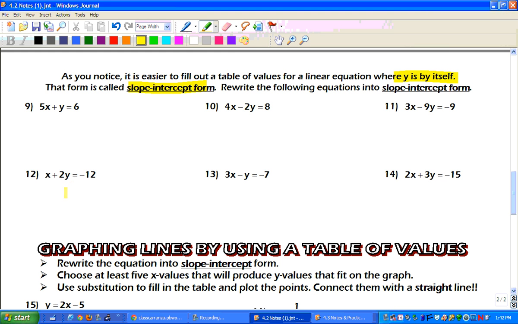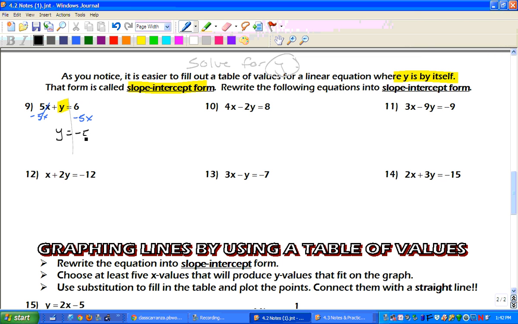That's called the slope-intercept form. So what we're going to do is rewrite these problems in slope-intercept form. And what we want to do is solve for y. We want the y by itself. So how do we get the y by itself for the first one? Minus the 5x to both sides.